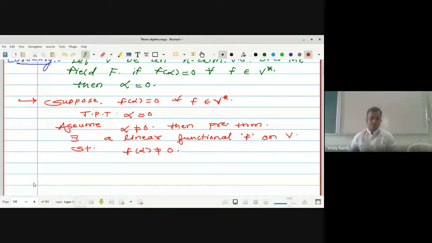But this is a contradiction to our assumption. Why? Because we have f of alpha is equal to 0 for all f belongs to V star. So this is a contradiction to our assumption.